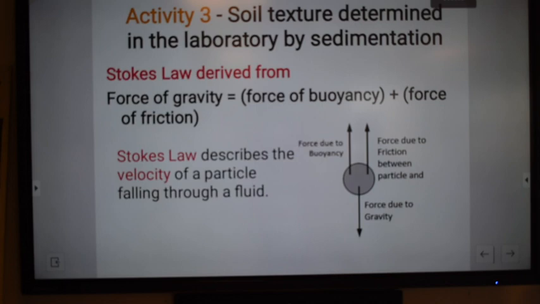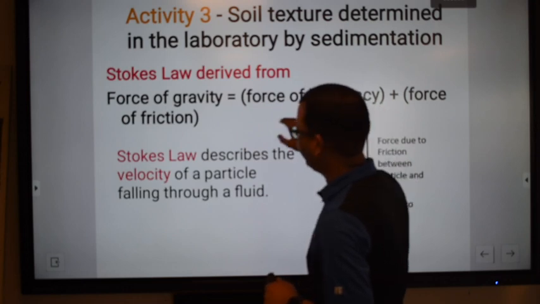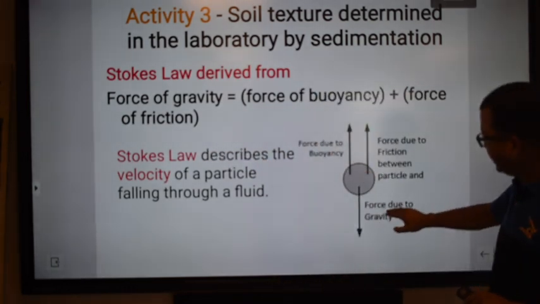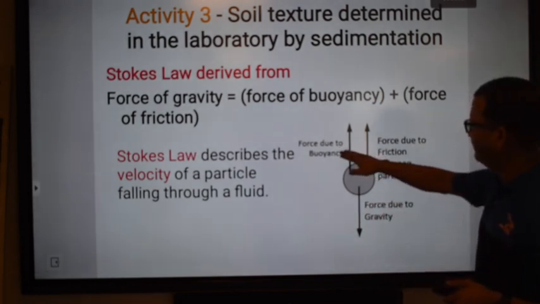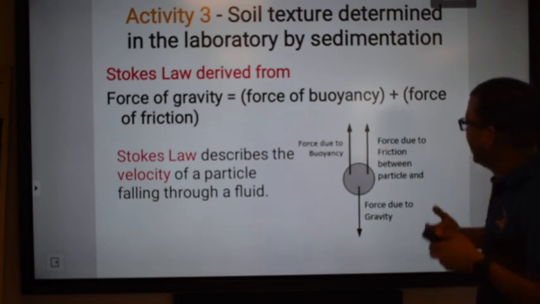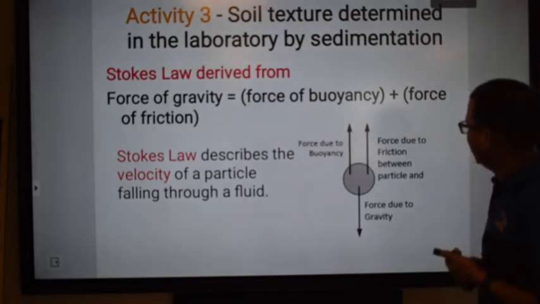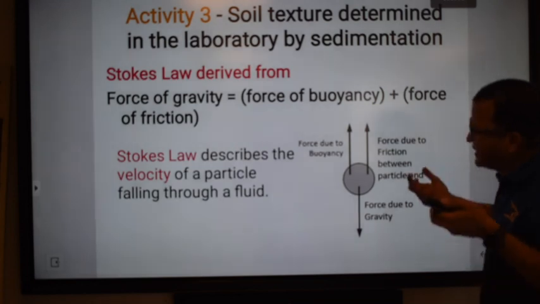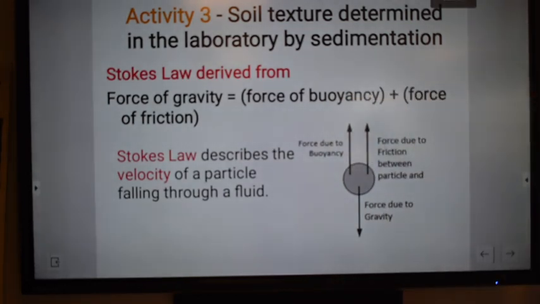If you are wondering how we can do this lab, it uses Stokes' law, which is derived from the force of gravity equals the force of buoyancy plus the force of friction. In this picture, you can see the force of gravity pulling the particles down, while the force of buoyancy and force of friction act against it. Stokes' law describes the velocity of a particle falling through a fluid.